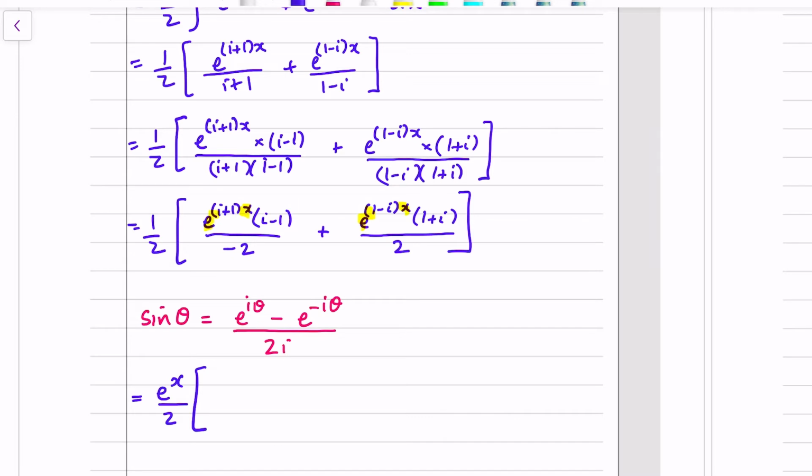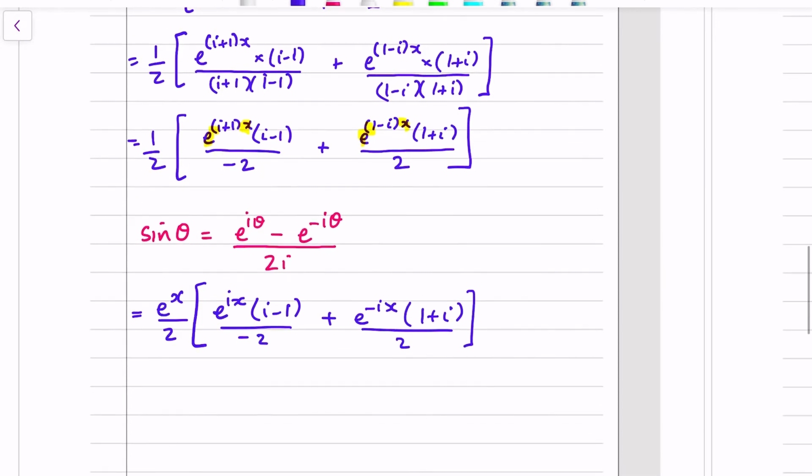Then we've got e to the ix left in the first term times i minus 1, and in the second term, we've got e to the minus ix left. And then we've almost got the sine theta thing appearing. If I want to get rid of this minus in the denominator of the first term, so it becomes a 2 as well, then I just flip the i minus 1 bracket around: 1 minus i.